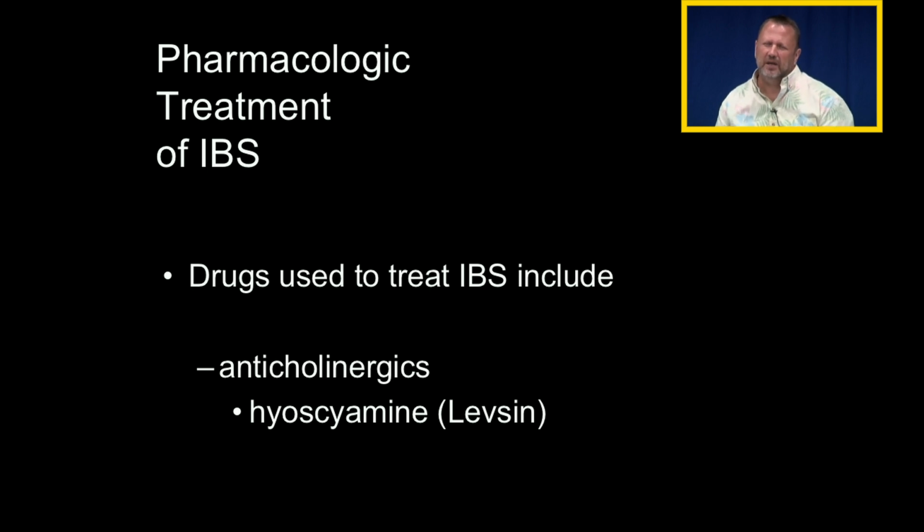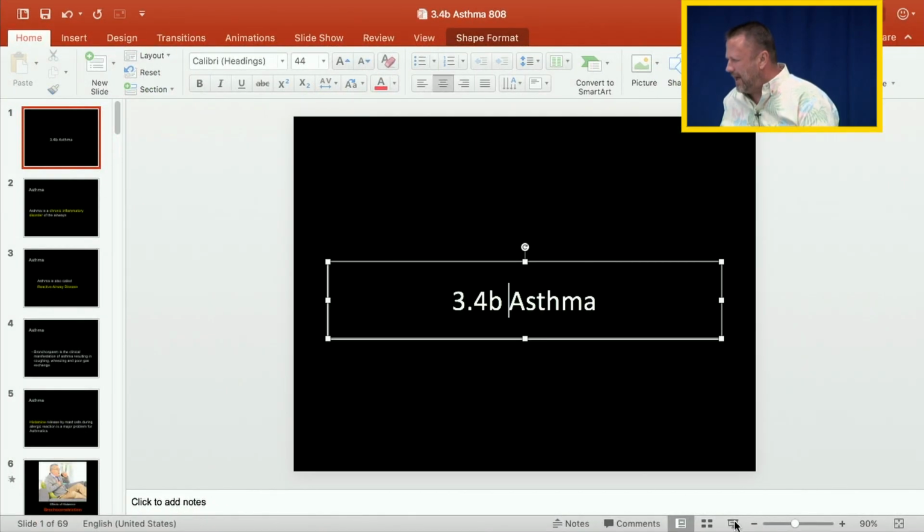So hyoscyamine is Levsin. It's available in a BID form, also known as Levbid. It's an anticholinergic drug. It's used to treat irritable bowel syndrome as well as other gastrointestinal problems.